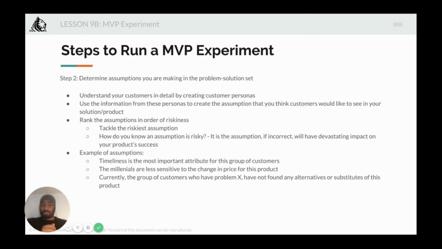Some examples of assumptions. Let's look at Uber again. Timeliness is the most important attribute for, say, a particular group of customers, like office goers, right? Now, this is an assumption. You are making an assumption for that. Timeliness is actually coupled with price.